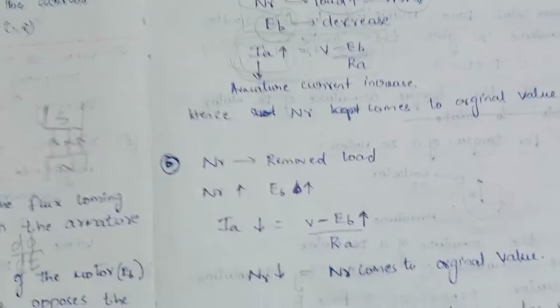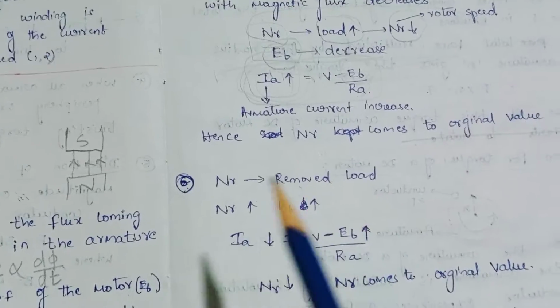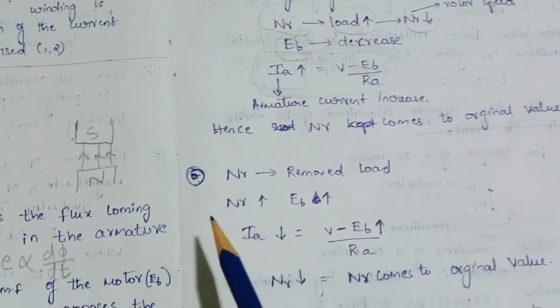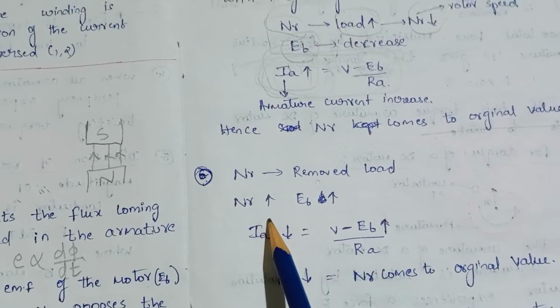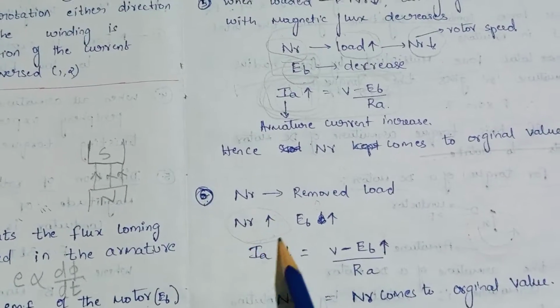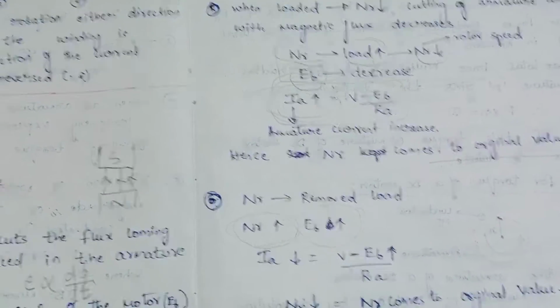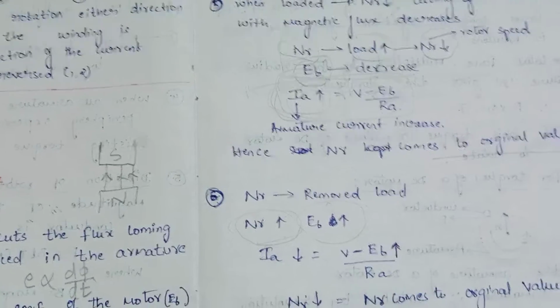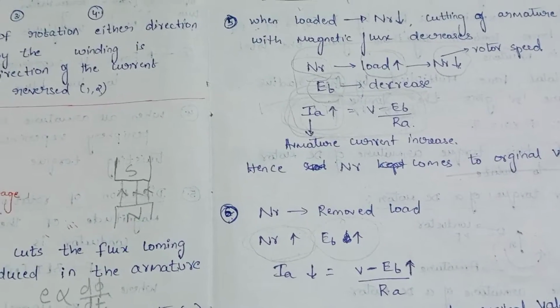Right? Understood? When you remove the load, what happens? When you are free, we have removed the load, the speed of the armature increases. When the speed of the armature increases, the induced EMF also increases. That is nothing but the cutting of armature conductor with magnetic flux increases.